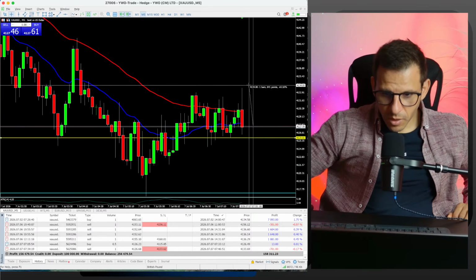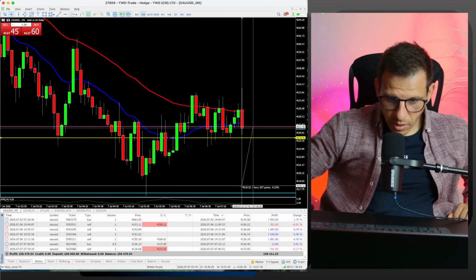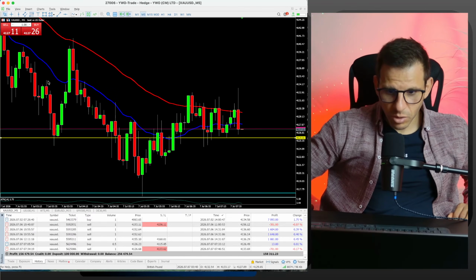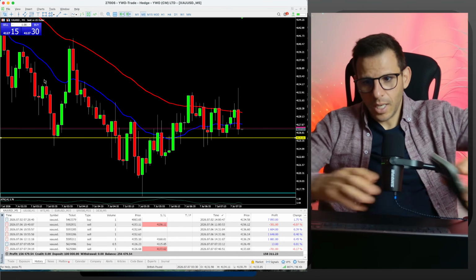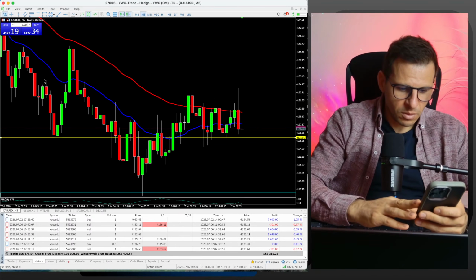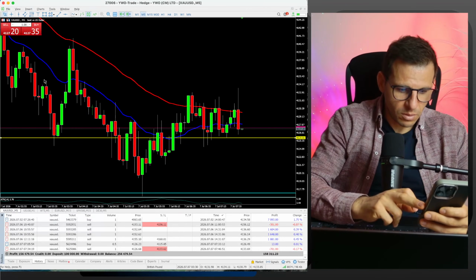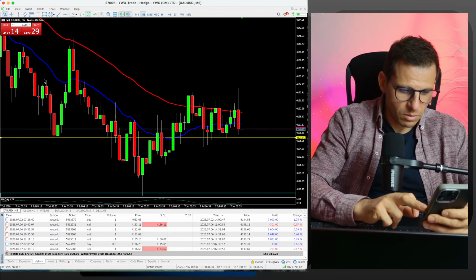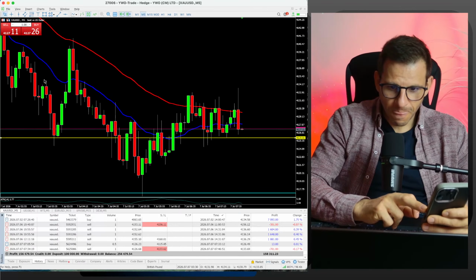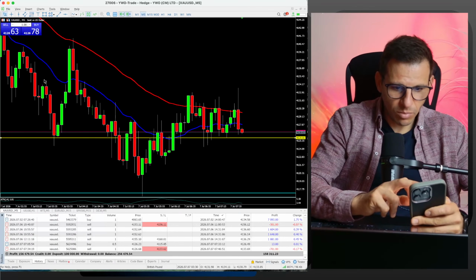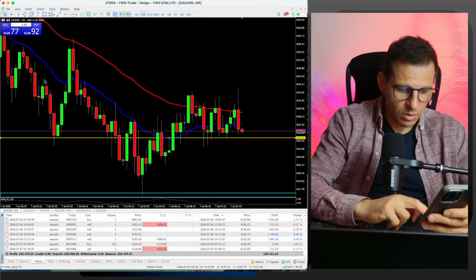How many pips here? That's again 7. But the potential is too much. So, guys, another bearish engulfing. We have a bearish engulfing here.